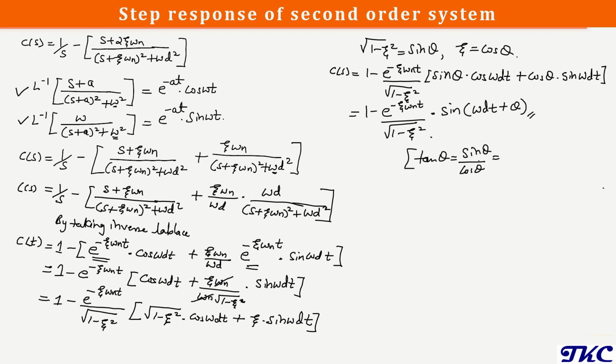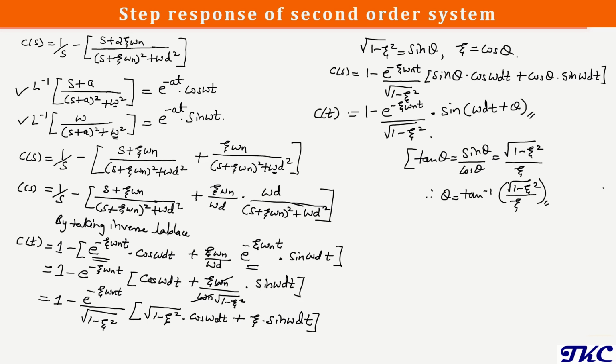We already have the sine value as root of 1 minus zeta square, divided by the cos value we got as zeta. So therefore, in order to get theta, it will be tan inverse of root of 1 minus zeta square upon zeta.